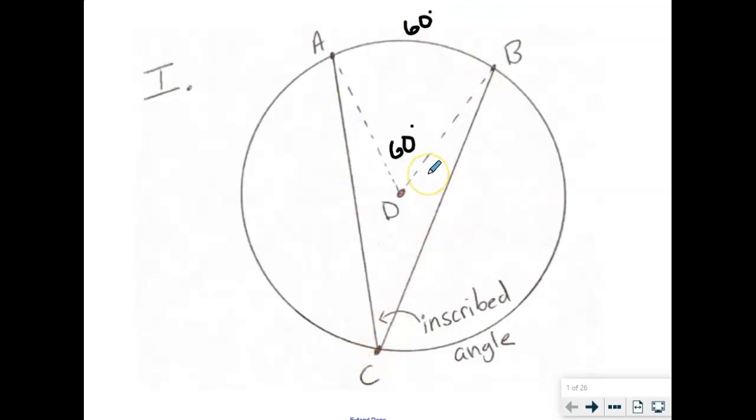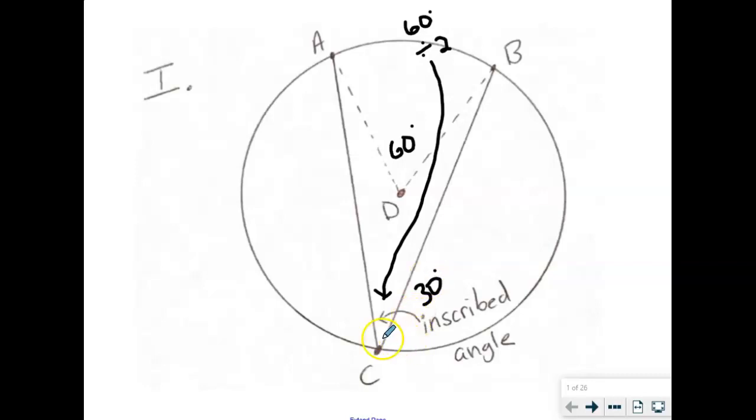Now, the relationship goes as we have a central angle and its arc measure. If you just simply take that arc and divide it by 2, you will always get the inscribed angle. So 60 divided by 2, the inscribed angle will be 30 degrees. And it's that simple, that easy.